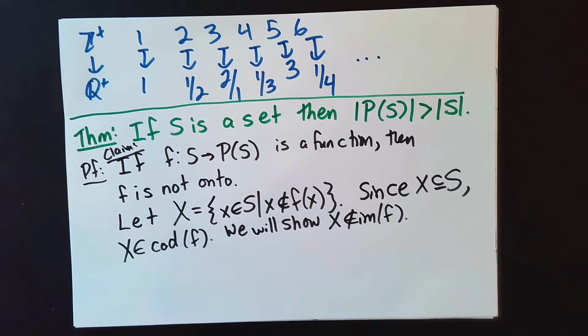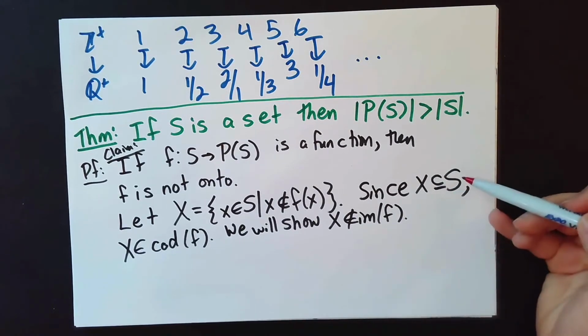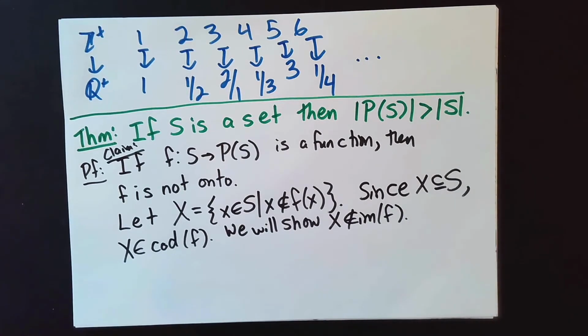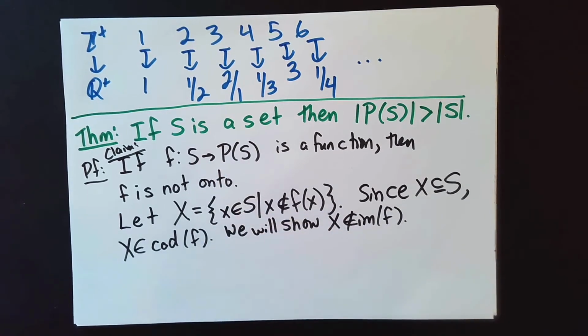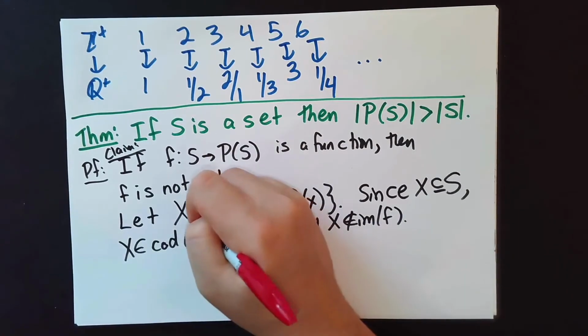So, to figure out why this is never in the image, I want to consider the world where it actually is in the image. So, for sake of contradiction, I'm going to imagine that there's some element of the domain that does map to this set X that I have defined.